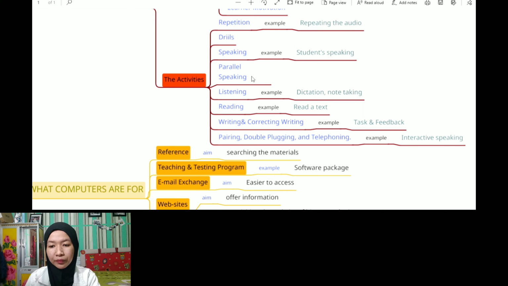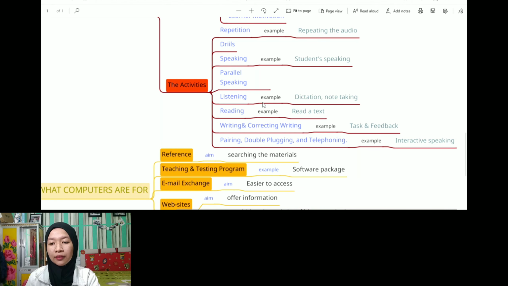And listening. For example, dictation or note taking. And reading. For example, read a text. So students can read a text and record their answer to tape. Writing and correcting writing. For example, task and feedback.